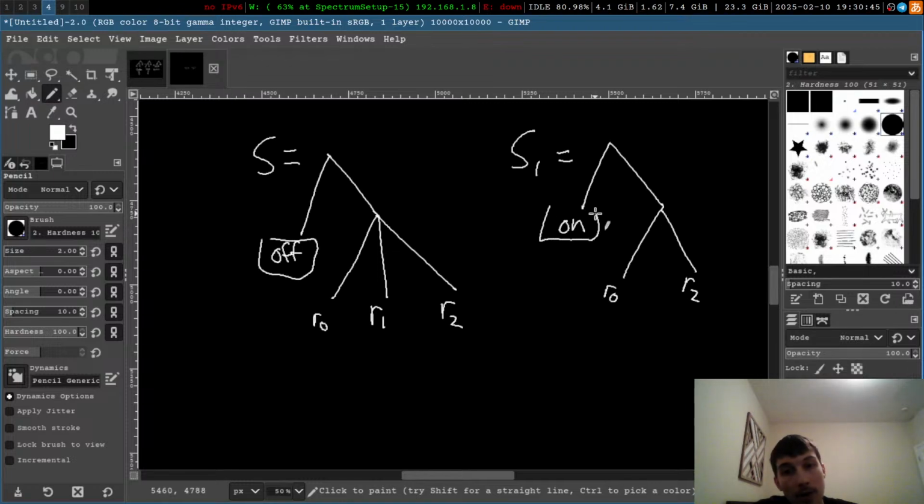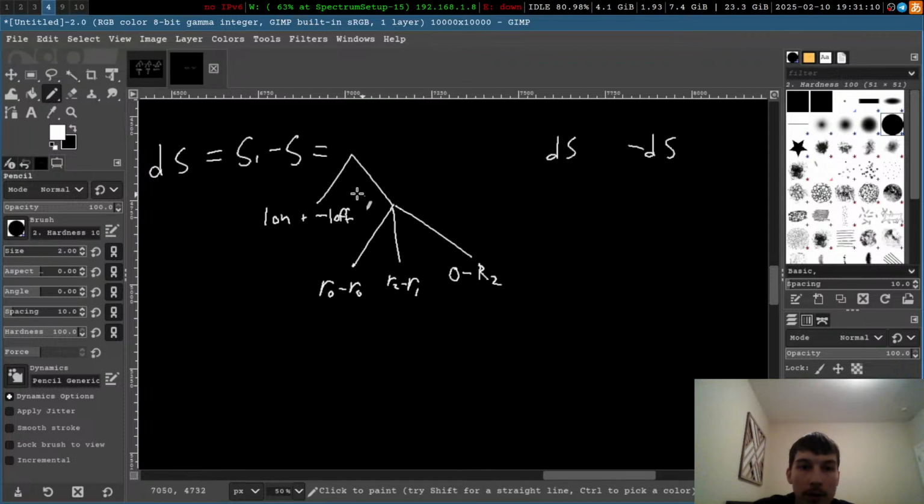Our new state is we have an on. What this really means is we need to delete off and then we need to add on. So we're going to delete you first and then we're going to add you. Not in this order where we first add and then subtract, because there are constraints which don't allow this to occur.